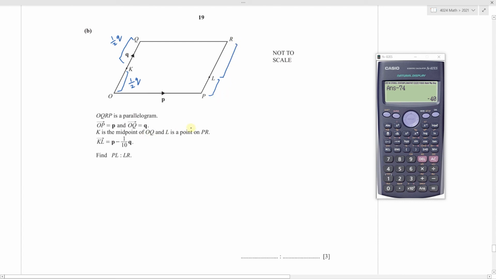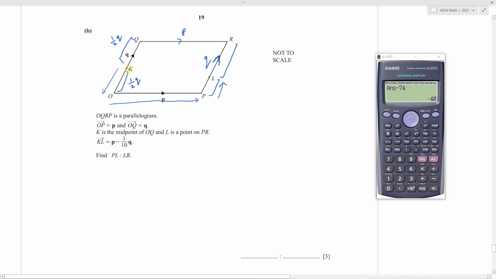So I'm given the vector KL, which is KO plus OP plus PL. I can use that to find this vector PL first. And since this is a parallelogram, I know that if this is P, the other side is P as well. If this side is Q, this side is Q as well.